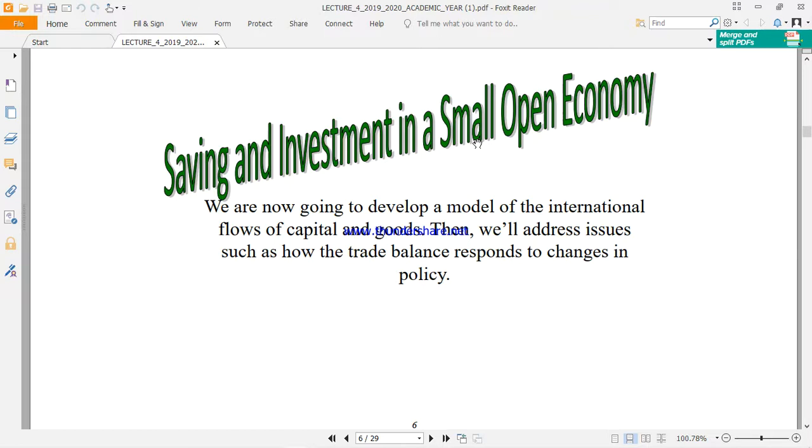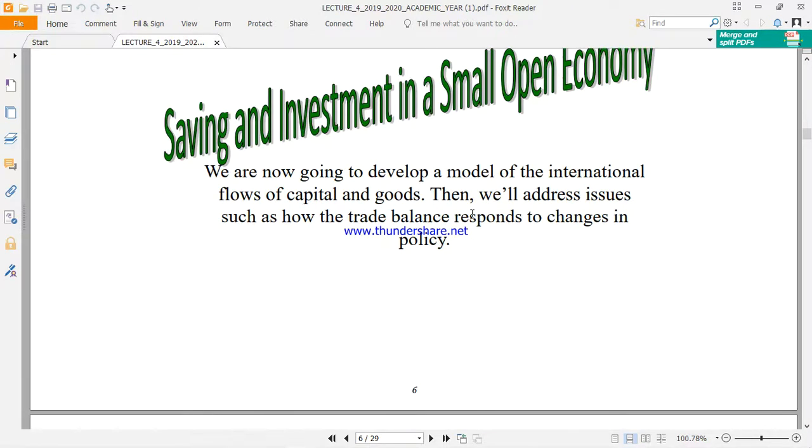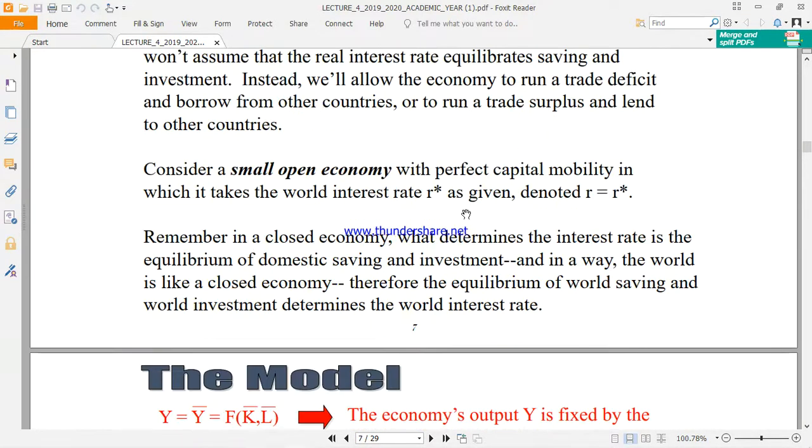What is going to happen if the government increases government expenditure? What is going to happen to the trade balance if the central bank increases money supply? So these are some of the burning issues that we aim to address.